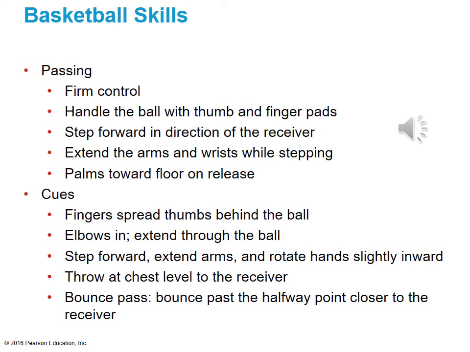The first basketball skill we're going to discuss is passing. For firm control, you want to handle the ball with the thumb and finger pads, not the palms of your hands. They want to step in the direction of the person that's going to catch the ball.